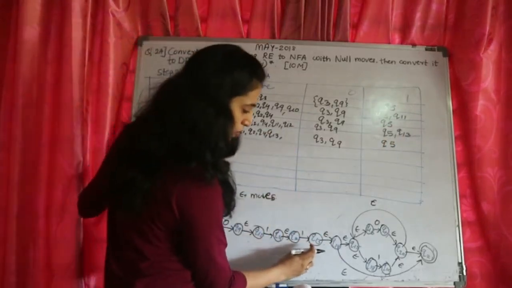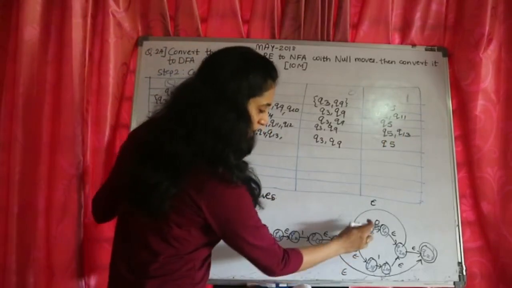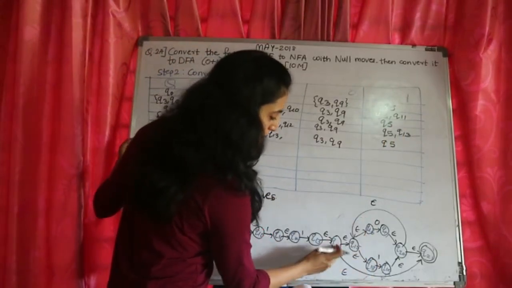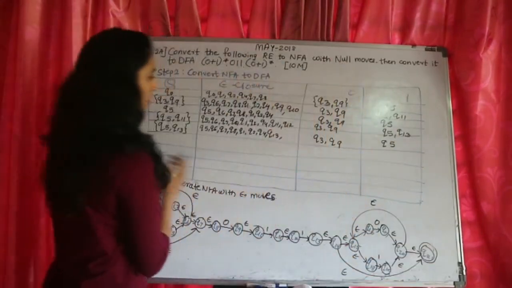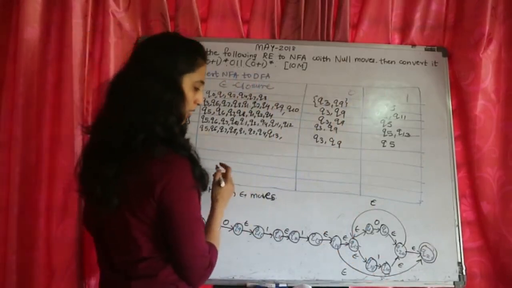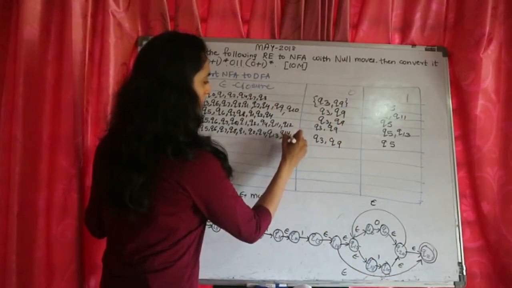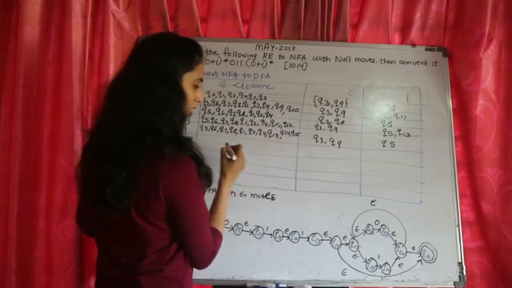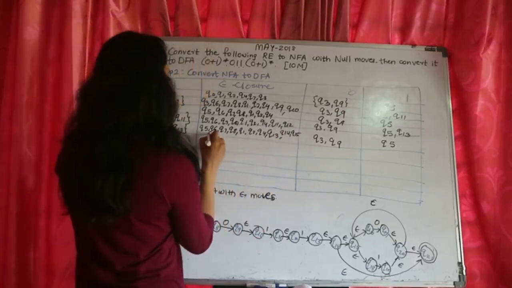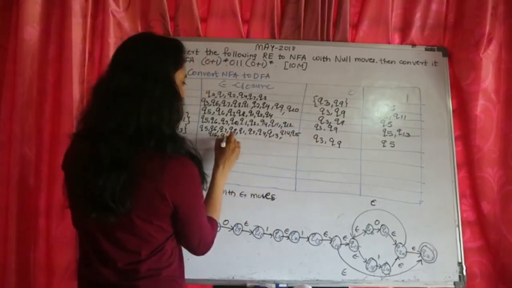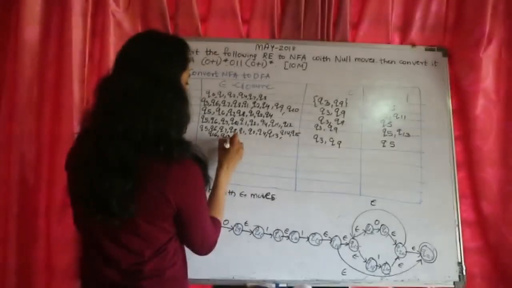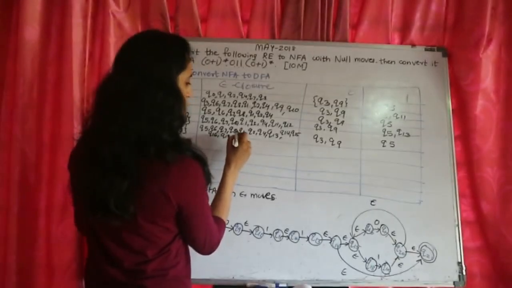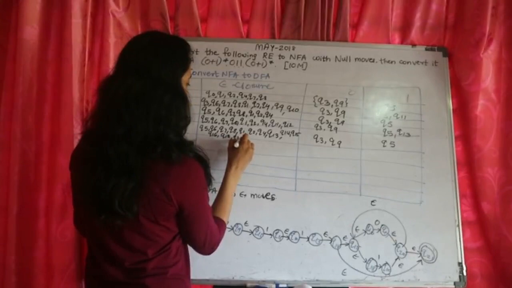13 on epsilon goes to 14, 15, 16, 18, and from here goes to 21. So I'll write down all of them. It goes to Q14, Q15, then Q16, then Q18, then Q21. Okay.